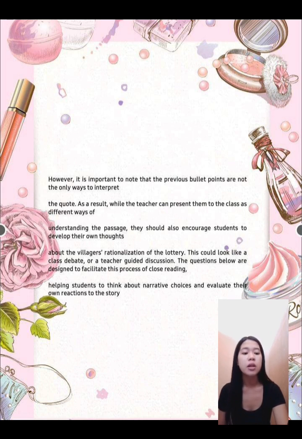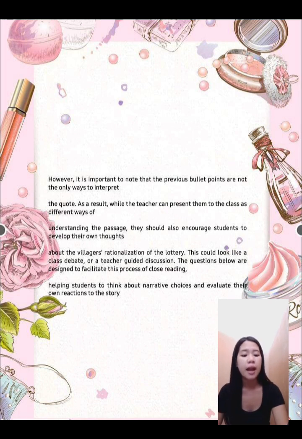As a result, while teachers can present them to the class as different ways of understanding the passage, they should also encourage students to develop their own thoughts about the villagers' rationalization of the lottery.